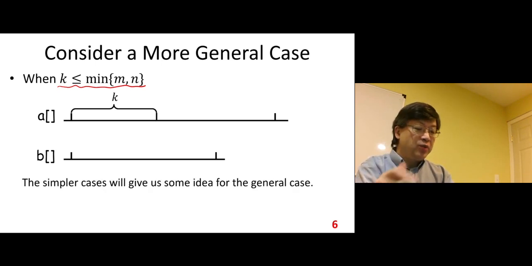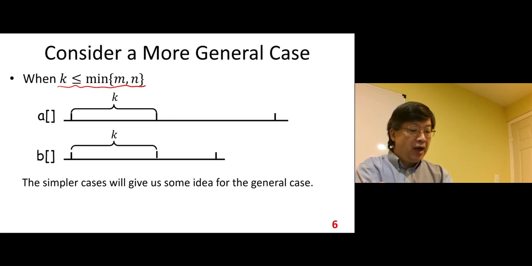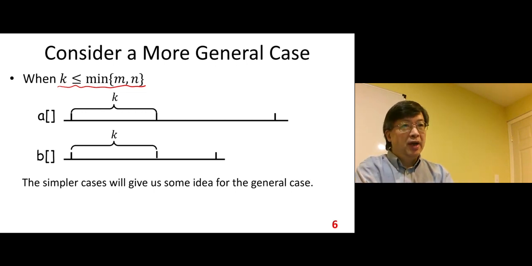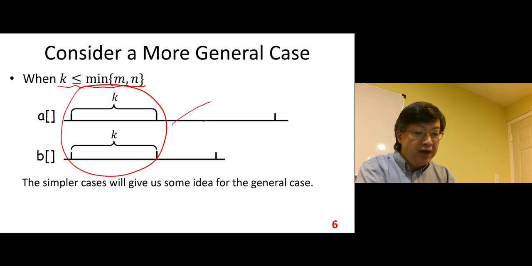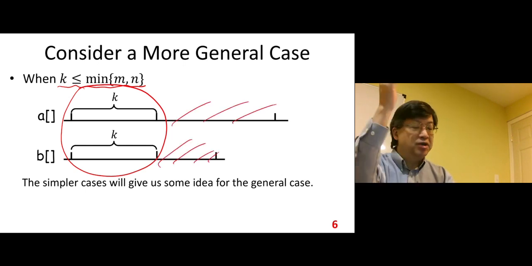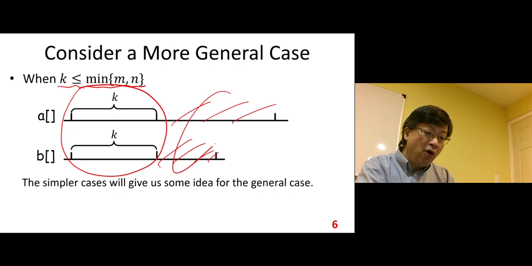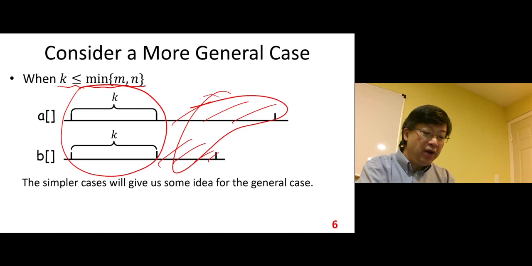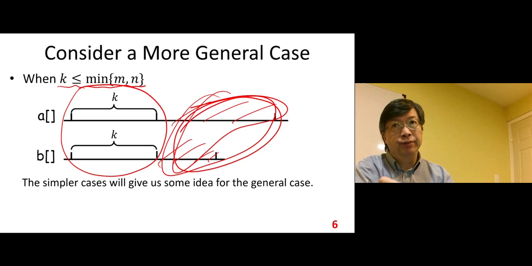We can take the first k elements in A array and the first k elements in B array for consideration. So the rank k must be in these 2k numbers. We do not need to consider the remaining elements. That's our first elimination. Before we do any comparison, we already eliminate all these elements. That's pretty good.